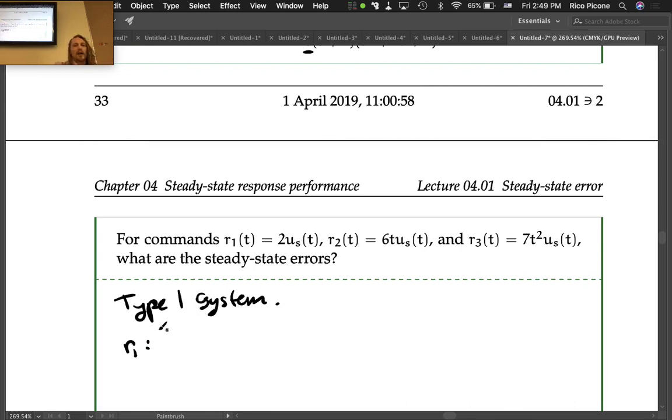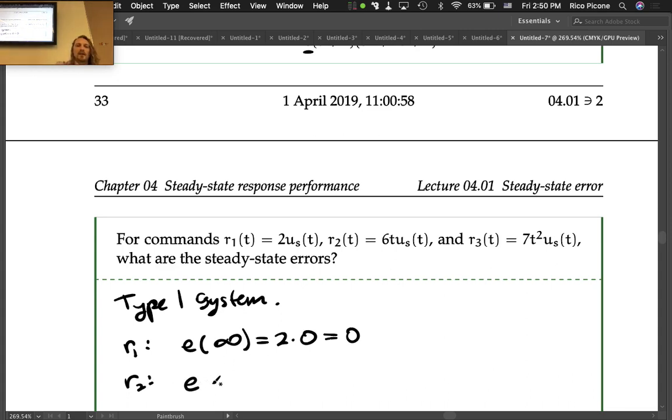And so we would have the steady state error be equal 2 times 0, which is just 0. This is fine in this case if we forgot about scaling, but we should be careful.